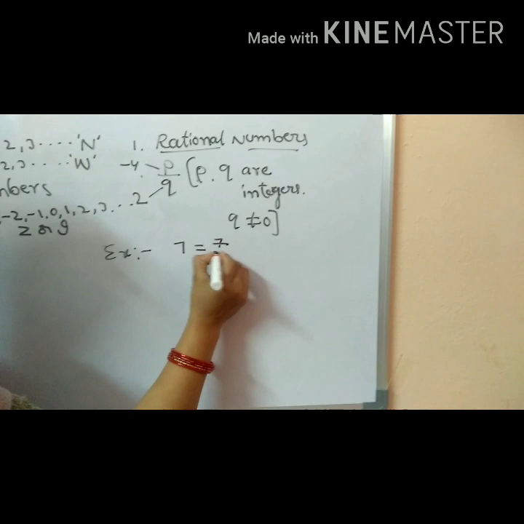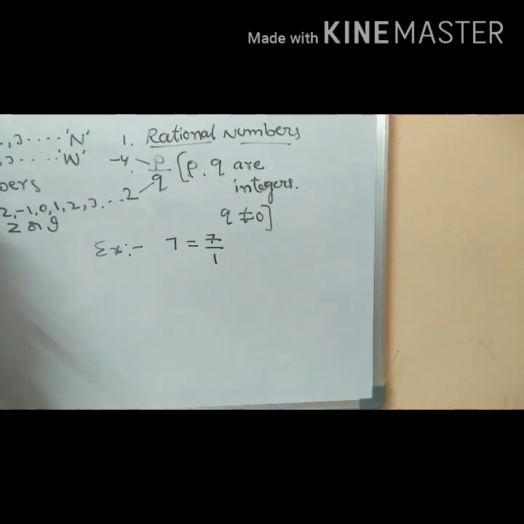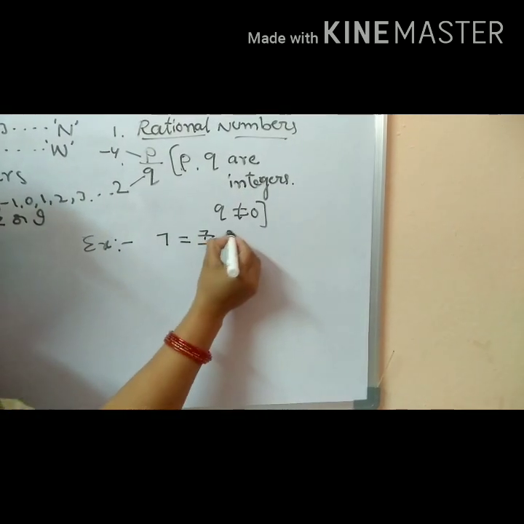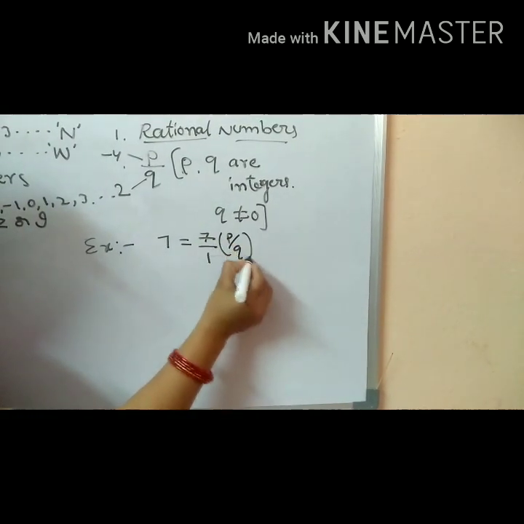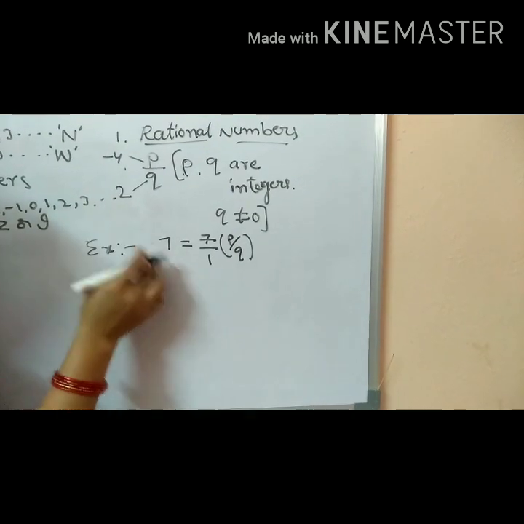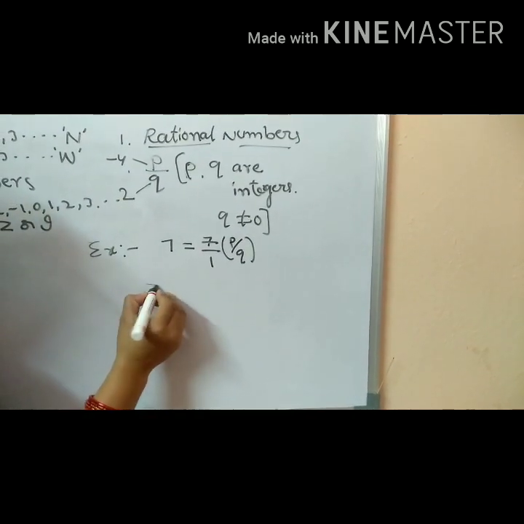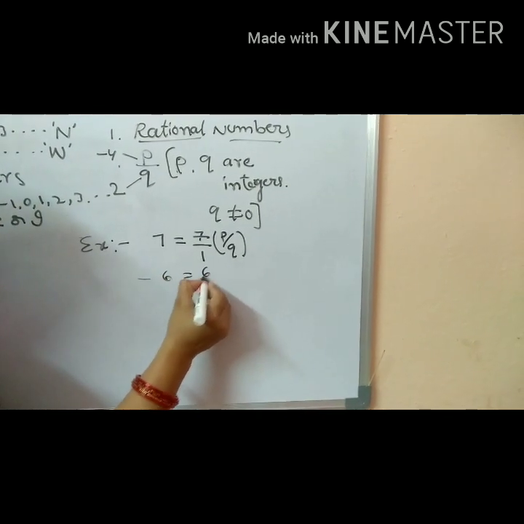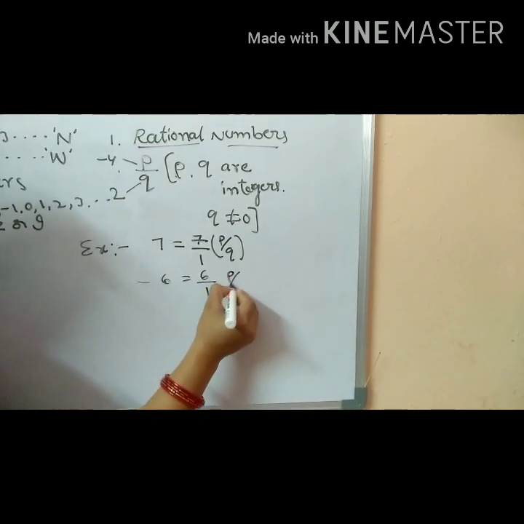For the denominator, you take 1. So 7 by 1 is the form of P by Q, and it is a natural number. Similarly for whole numbers, you take 6 or 7, something like this: 6 by 1 is also in P by Q form.